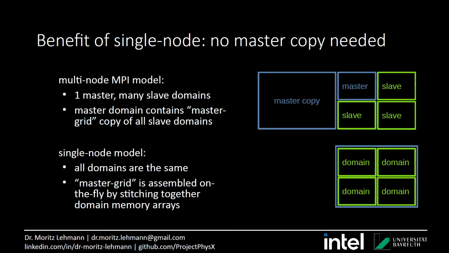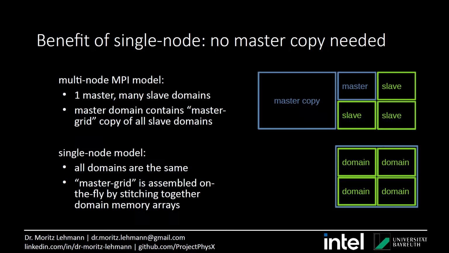Like you don't even need the MPI library, which is not even available on all computers. And the bigger advantage is that with MPI, the domains are not all the same. You have one master domain and a lot of slave domains, and the master domain also needs a master copy of the entire grid, for example if you dump the data into files on the hard drive, because with MPI the memory is distributed, could even be across multiple servers.